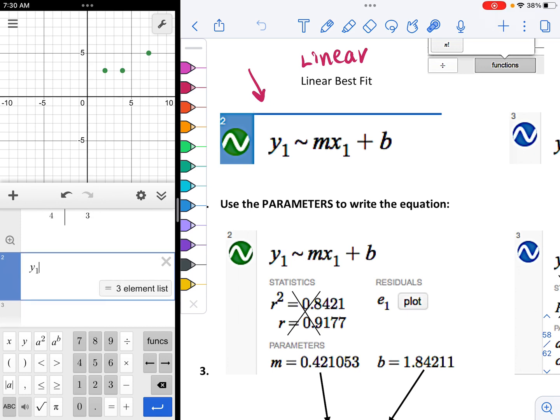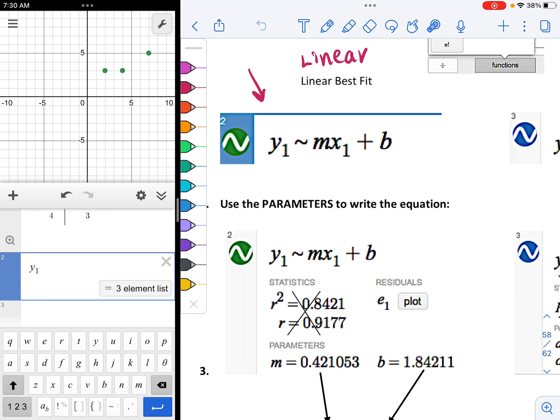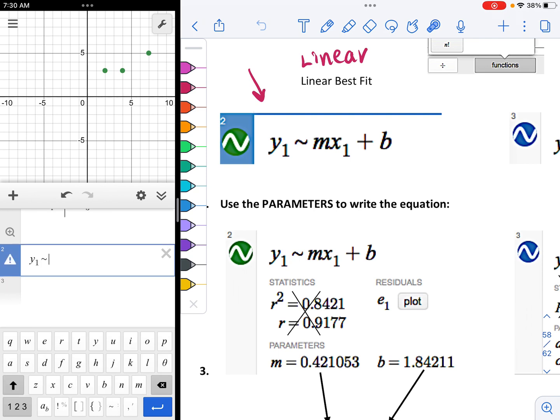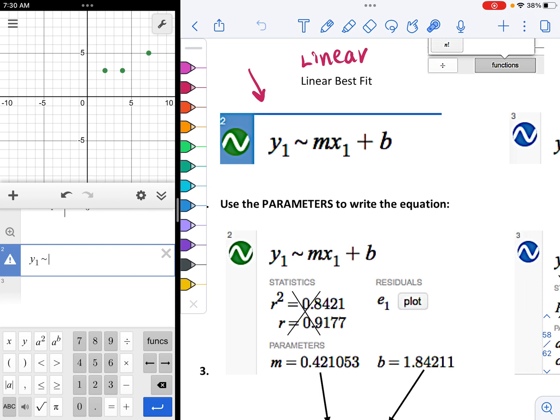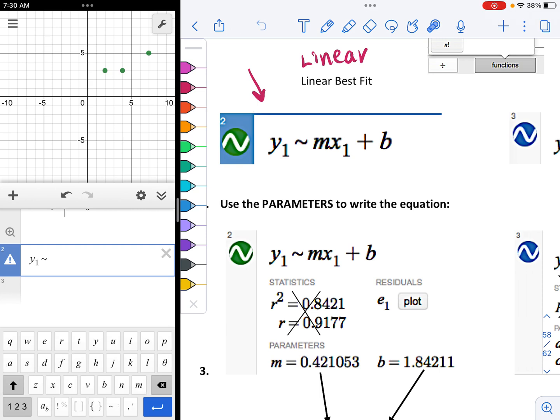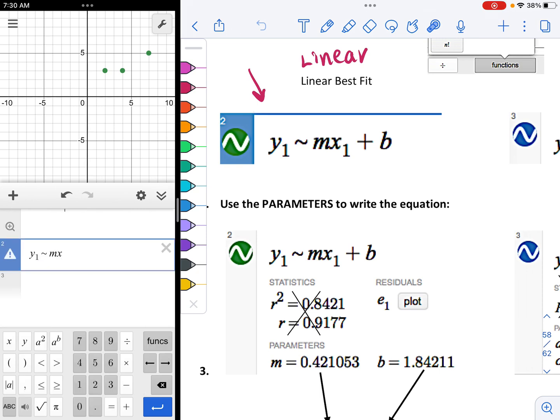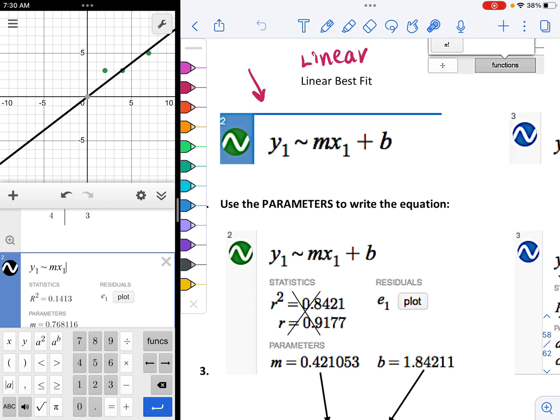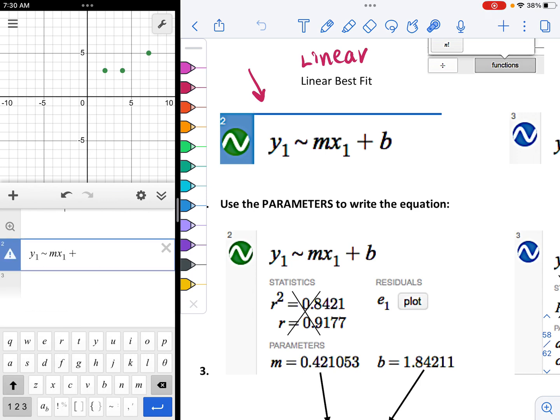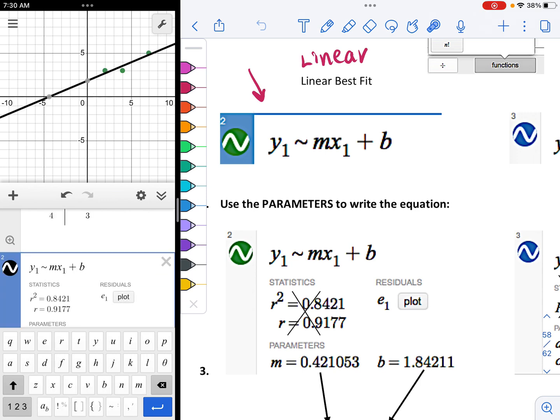You don't have to do anything special, just type in a number 1. Then we're going to use the little tilde symbol. You can use it on your keyboard, or it is in the keyboard that comes up on Desmos. We're going to type in mx1. Again, it's going to bop that little 1 down. And then we're going to write plus b. And what you'll notice is it's going to graph a straight line through all of your data points.